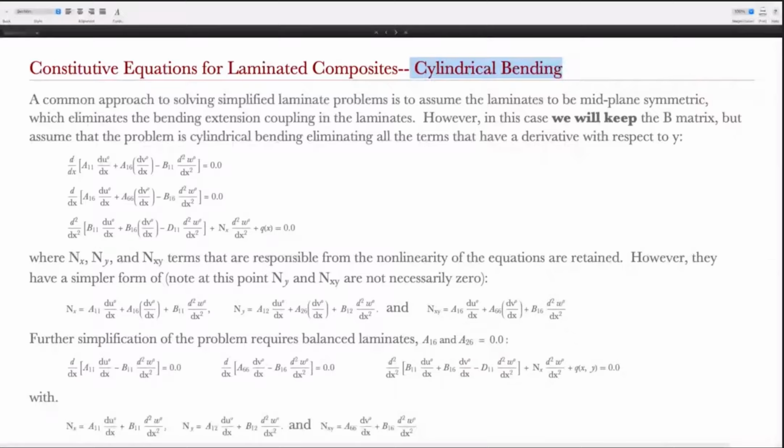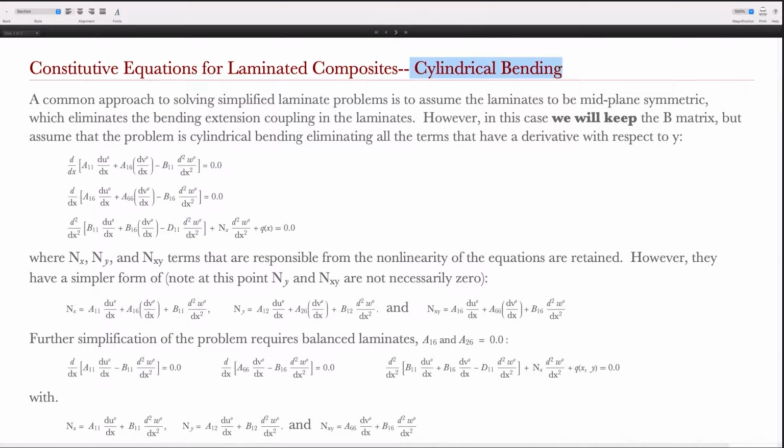So my plate, which is in the xy plane, there is no variation in any of the displacements in the y direction. Only variation is in the x direction, whatever that might be, whether cantilever kind of plate or simply supported plate.